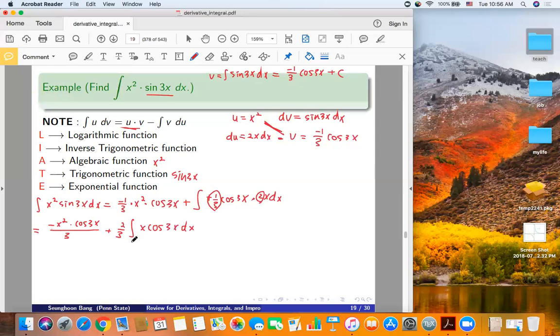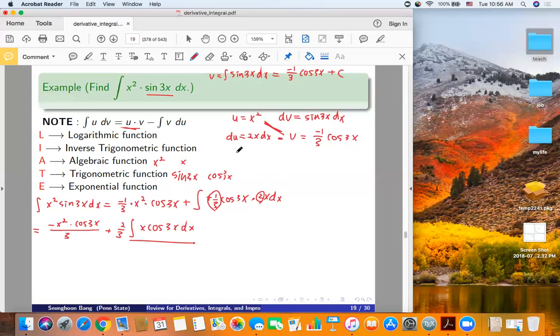How can you find the integral of x cosine 3x dx? You have to use integration by parts again. The x is an algebraic function and cosine 3x is a trigonometric function.